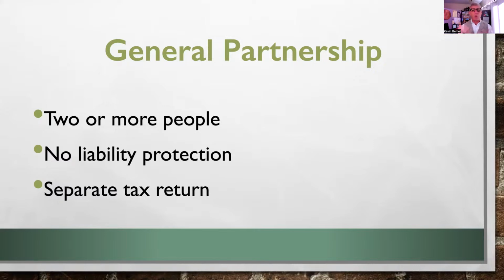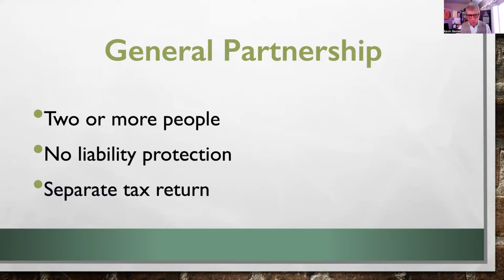It's a person formed under the laws, in this case of a state. And a general partnership is a legal person. It stands as an entity apart from the partners themselves. Okay. However, that entity provides no liability protection for the general partners.